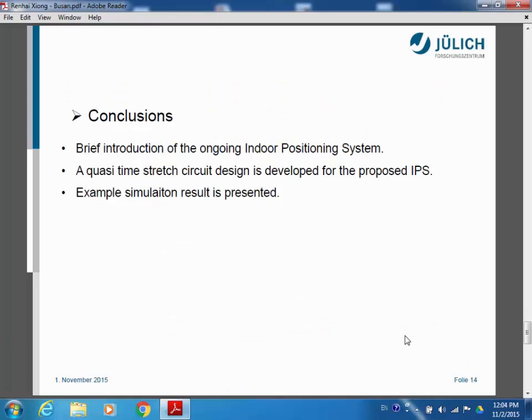This presentation goes through a brief introduction of the ongoing positioning system and the circuit. Unfortunately, I don't have much time to explain the details of the quasi-time circuit, and an example simulation result is presented. Thank you.